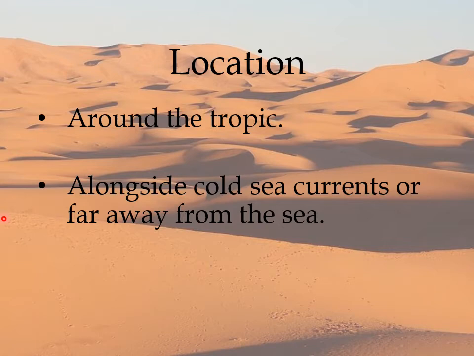For example, in the coast of Africa, we can find a cold sea current near the Sahara Desert and near the Kalahari Desert, and we can see hot sea currents near the rainforest of Congo, because the hot sea currents create precipitation and the cold sea currents cause lack of it. Or they can just be far away from the sea, maybe between mountains or something that stops the rains from coming.